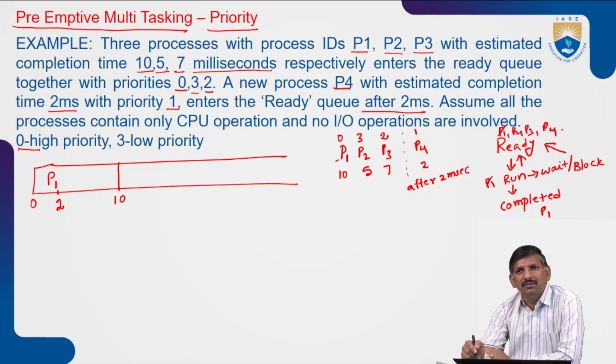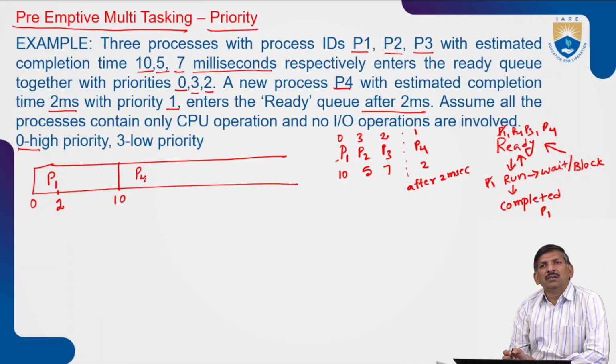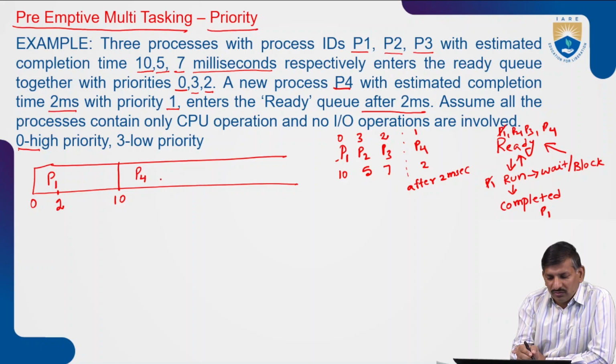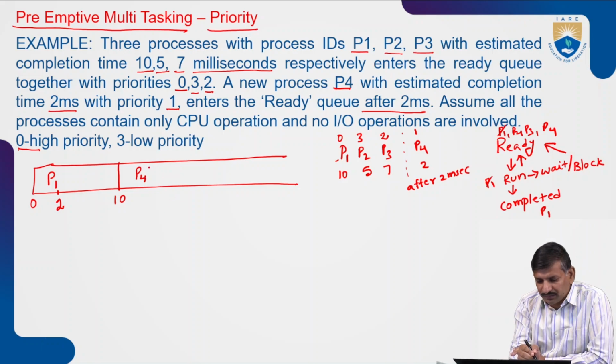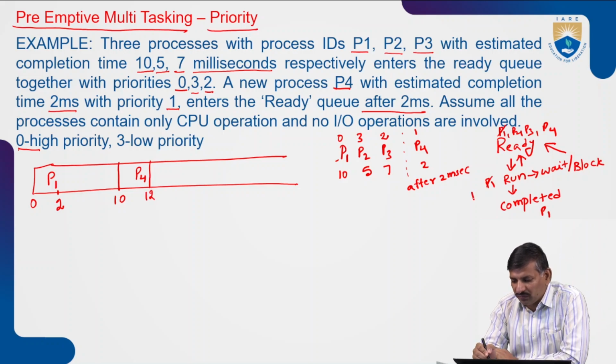Among these three, which process has the highest priority? P4 has the highest priority, that is 1, so P4 is scheduled first. P4 execution time is 2 milliseconds, so at 12 milliseconds its execution is completed. P4 enters the running state and its execution completes.